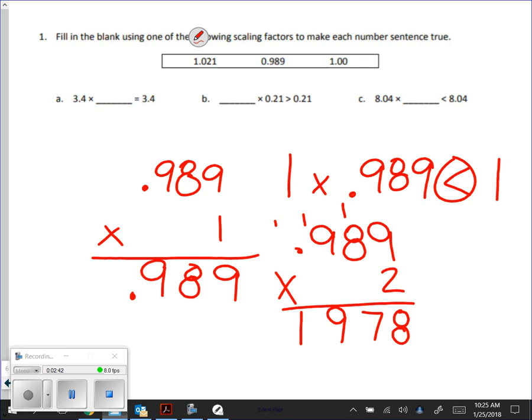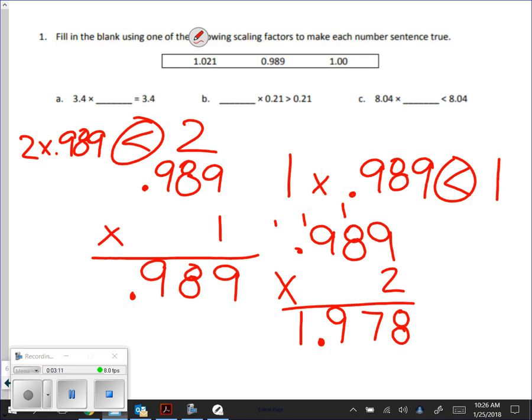I now have 1 and 978 thousandths. What's bigger, 2 or 1 and 978 thousandths? 2. So if I have 2 times 989 thousandths, comparing it to 2, which one's larger, the product of this or that? 2.